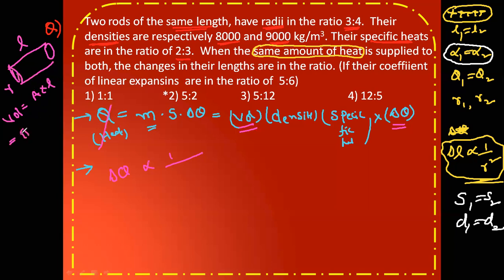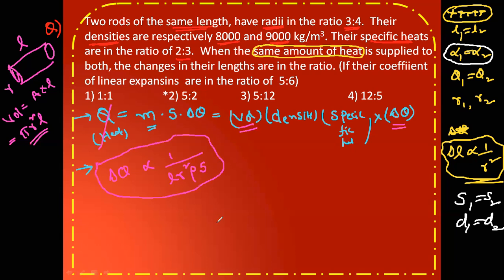So that is pi into R square into L. So delta theta is directly proportional to 1 upon the volume. Volume is nothing but length into R square into density, and specific heat is S. This is the delta theta value.